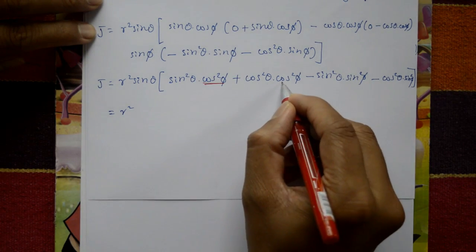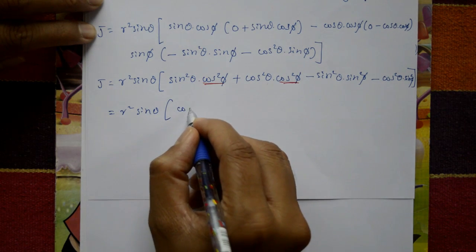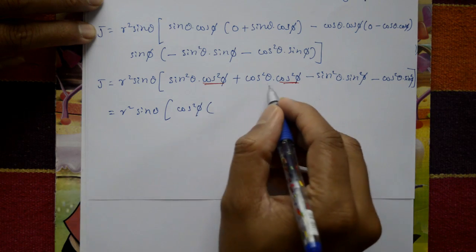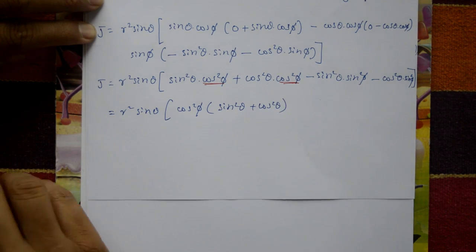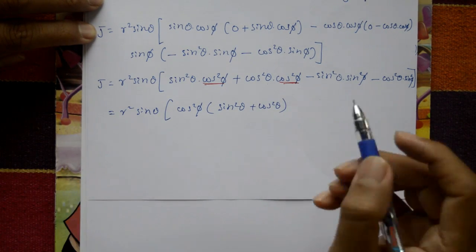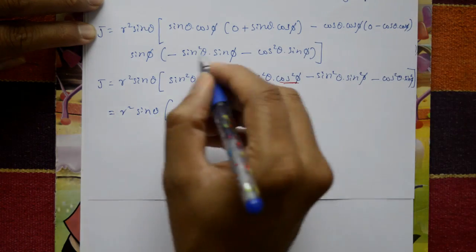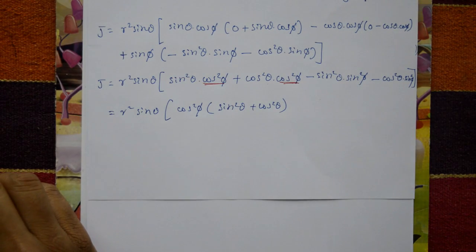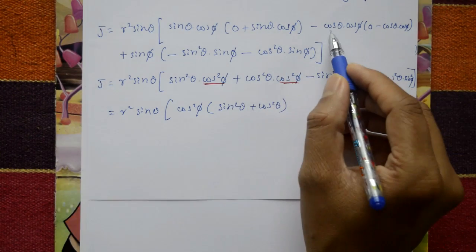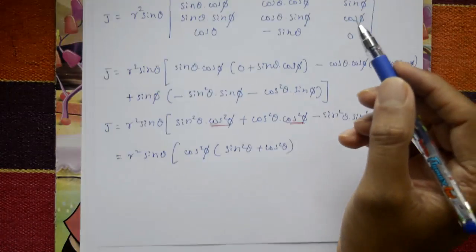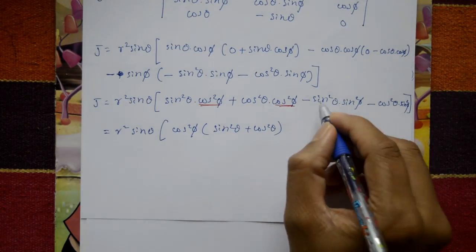Now cos square phi is common inside. Now inside the bracket, sin square theta plus cos square theta. The signs: minus sign is there and here is a minus sign, minus minus means all terms are positive.